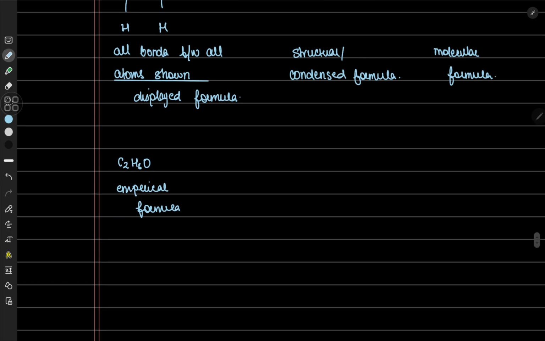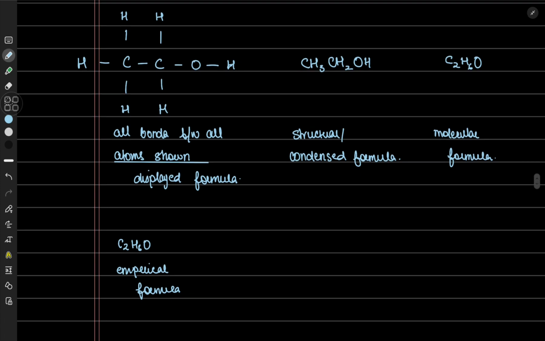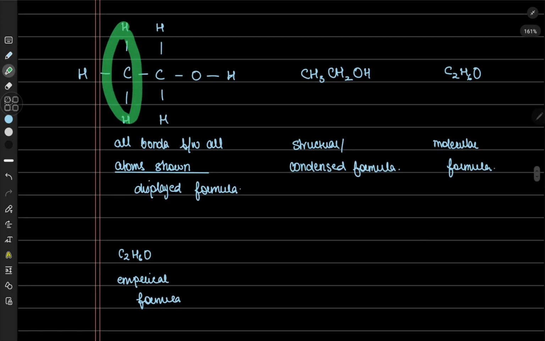Now lastly, the skeletal formula. For the skeletal formula, just know that you don't need to show bonds between carbon and hydrogen, and all the bonds between the rest of the groups you show. When we did the structural formula, we saw there are these two groups, CH3, CH2, and then this OH.